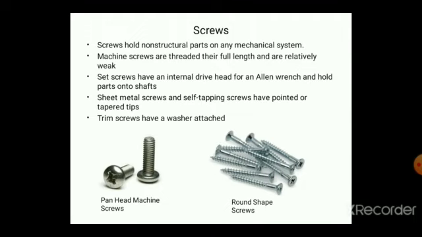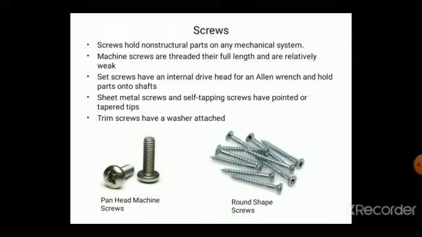There may be a chance that nuts and bolts may come off the bolt portion like that, so there you can use a screw type of arrangement. Machine screws are threaded their full length and are relatively weak.